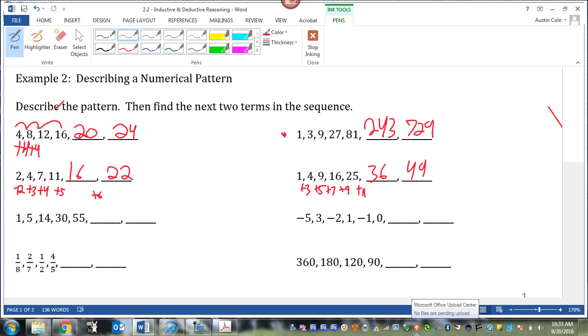Jake's exactly right. I feel like numbers squared, so 1 squared is 1, and 2 squared is 4, 3 squared is 9, 4 squared is 16. Yep, exactly. There's multiple ways to do this.